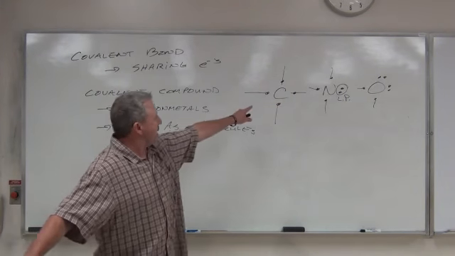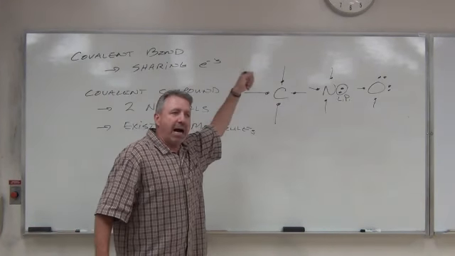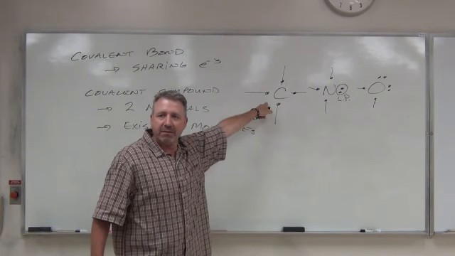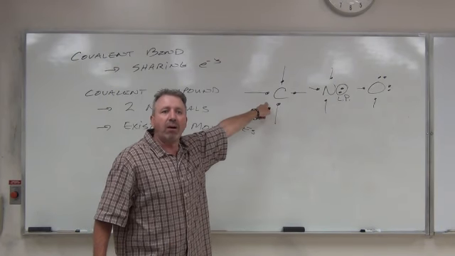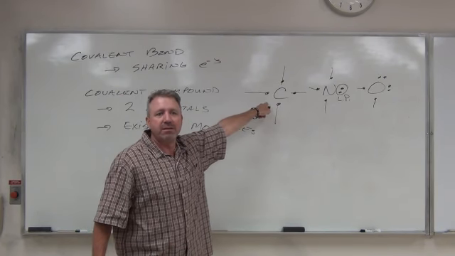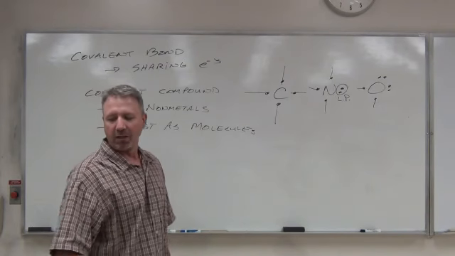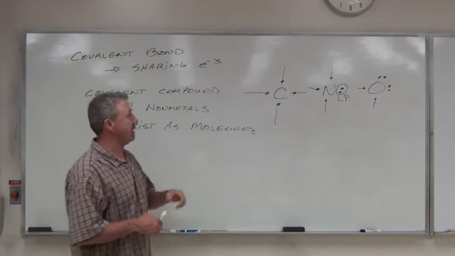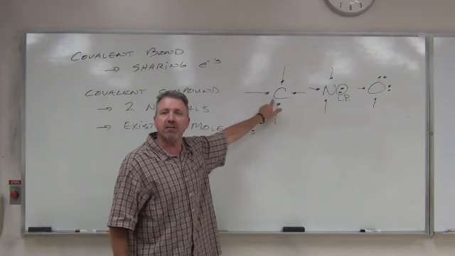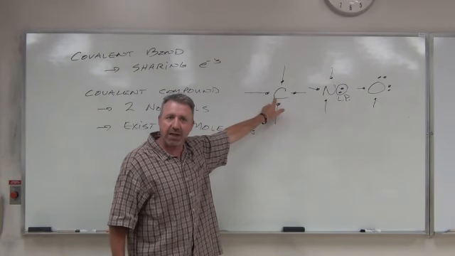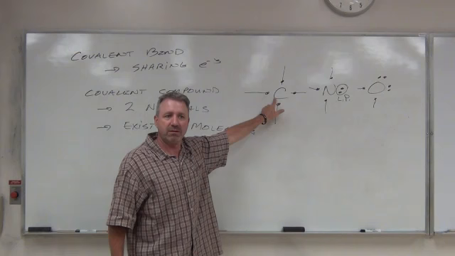We look at carbon and we say, how many bonds does carbon have? 4. How many lone pairs? 0. So look at bonding atoms 4, lone pairs 0, and you see that in this configuration, when carbon is a central bonding atom, it will be a tetrahedral.